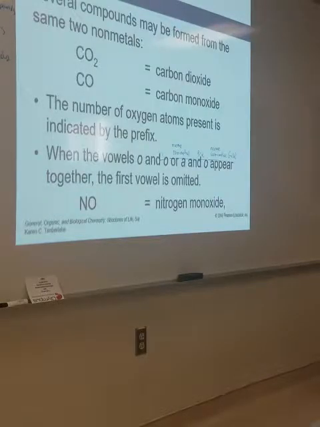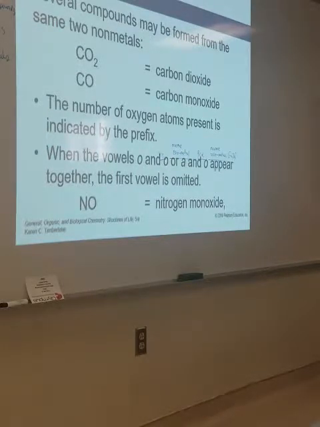Just prefixes. So CO2, carbon oxide. How many oxygens? 2. The prefix for 2 is di, so carbon dioxide. CO has 1 of each, so we add the prefix mono for oxygen. And remember, mono we only use for oxygen. If there is no prefix, then it implies 1 of that element.